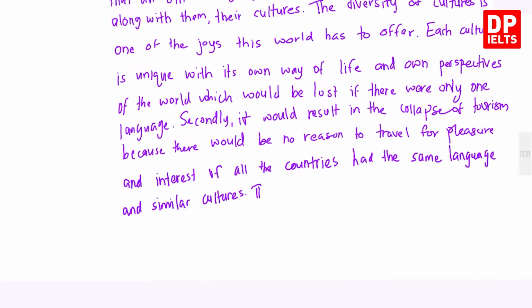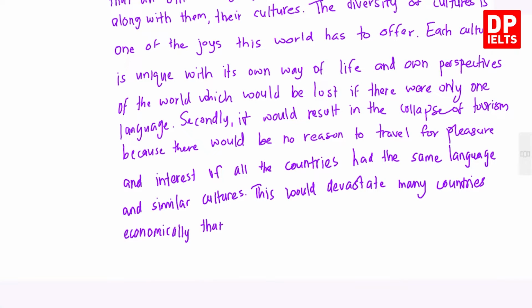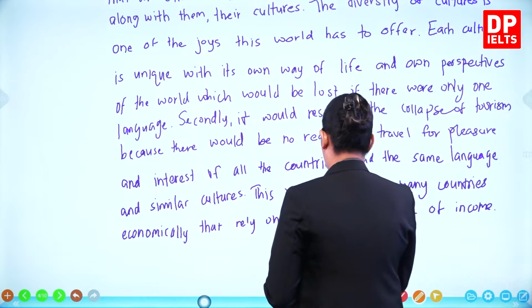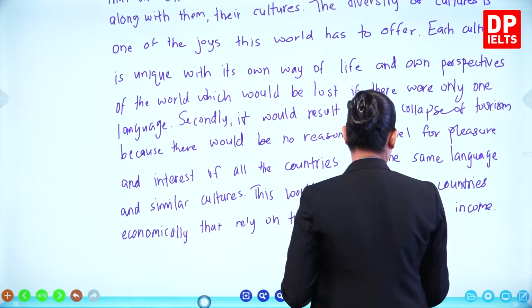This would devastate many countries economically that rely on tourism as a source of income.